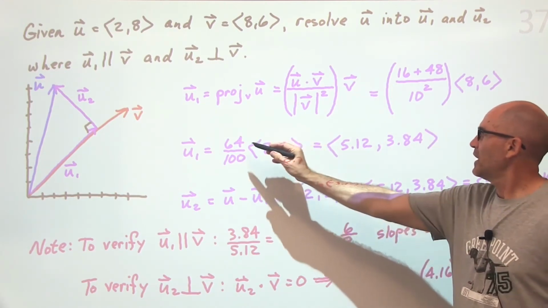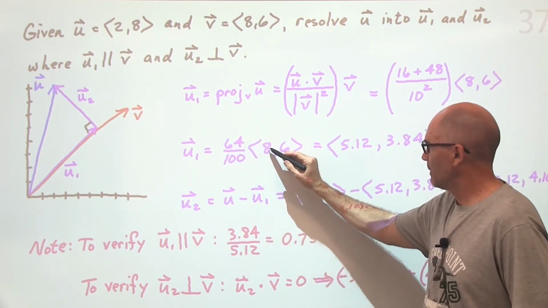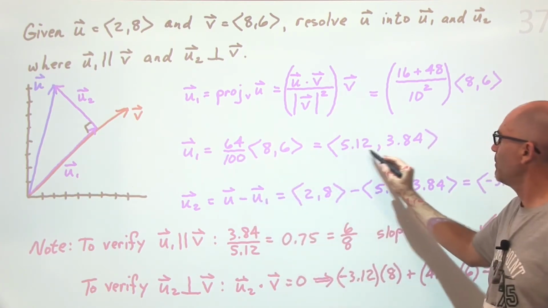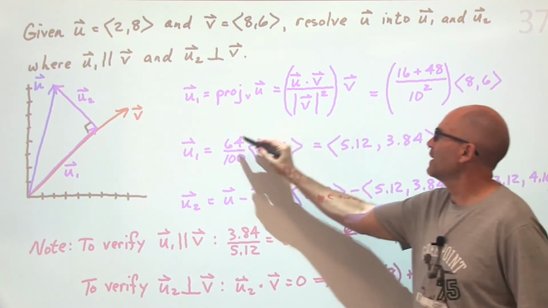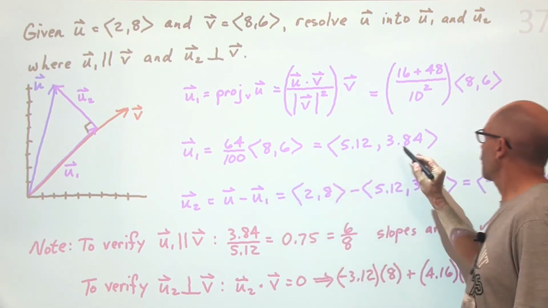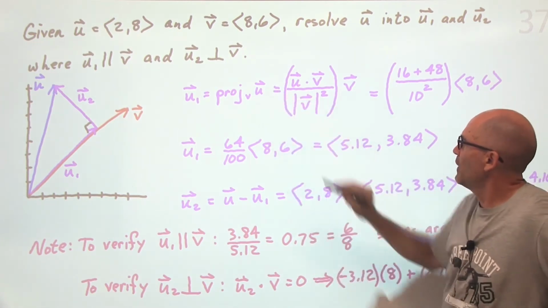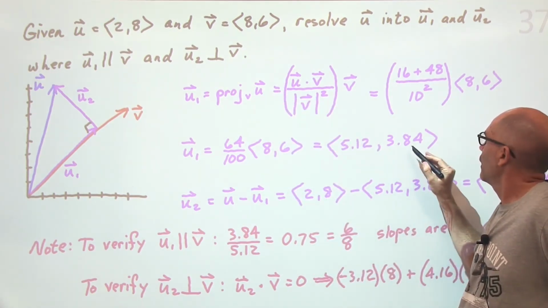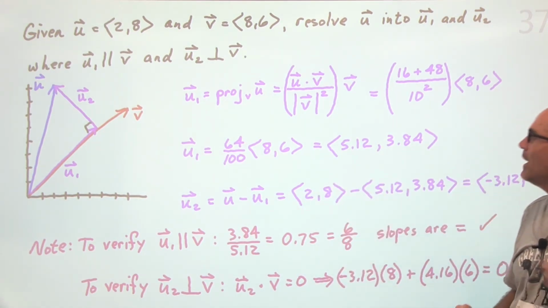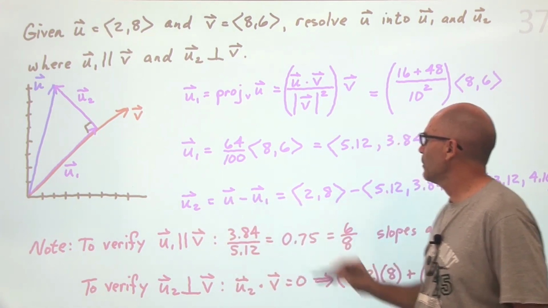Well, 64 times 8 is 2 to the 6th times 2 to the 3rd, which is 2 to the 9th, which is 512, divided by 100, which is 5.12. And 64 times 6 is 384, divided by 100, 3.84. So my projection of u onto v is 5.12, 3.84. And that's my u sub 1. Now, u sub 2 is going to equal u minus u sub 1.